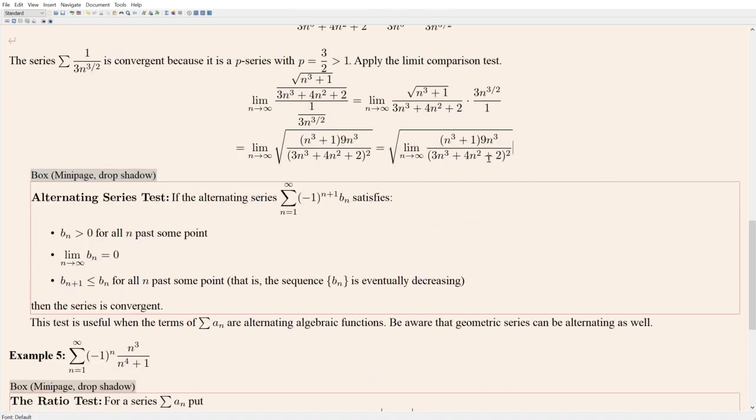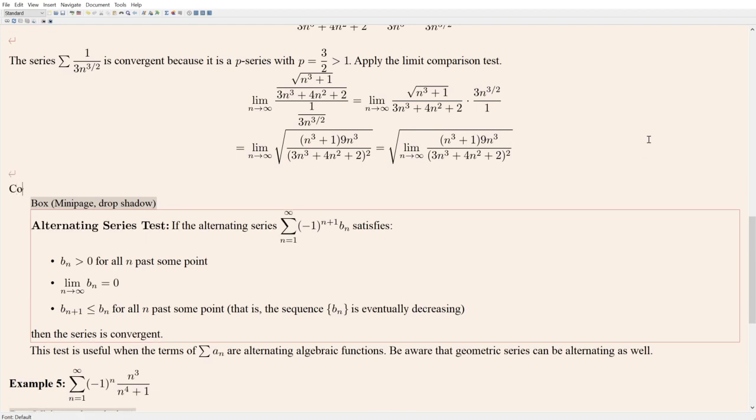Okay. So now this limit should be easy because this is just a rational function. We have a polynomial on top and a polynomial on the bottom. Now, to be fair, squaring out the denominator, foiling it, is going to be a real pain, but you don't actually have to get the whole thing. We only care about the degree. So to get the degree, we really only need the leading term, which is going to be what we get when we take the 3n cubed and square that.